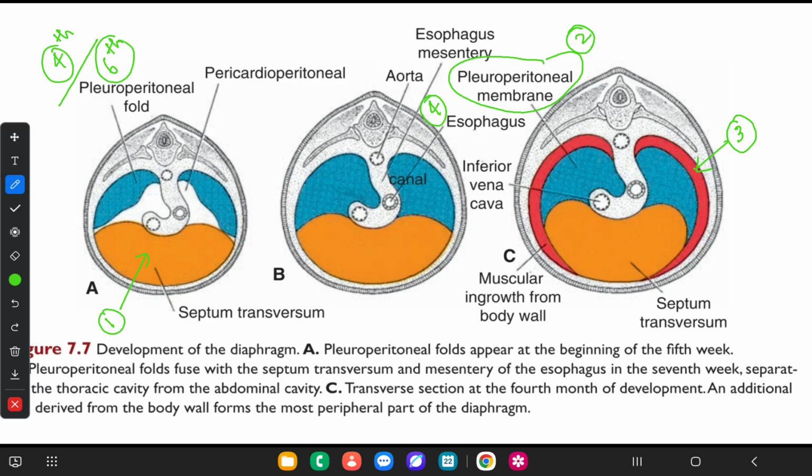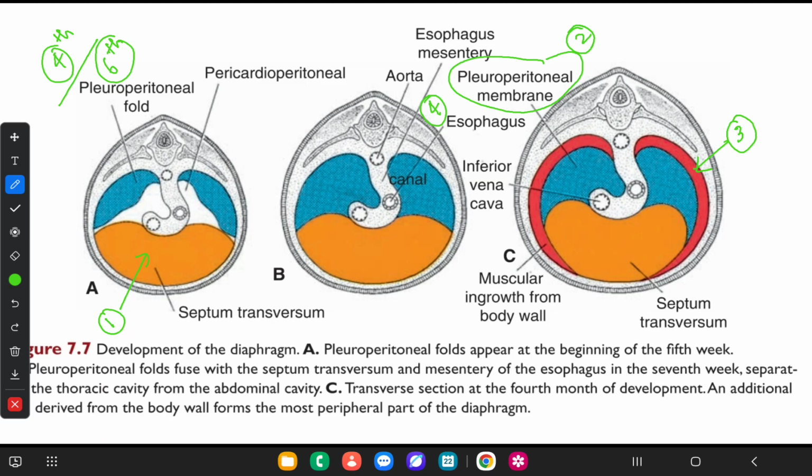Therefore, the repositioning of the diaphragm is caused by the rapid growth of the dorsal part of the embryo. And the nerve supply to the diaphragm, which is motor and sensory innervation, comes from the phrenic nerve. That is the development of the diaphragm.